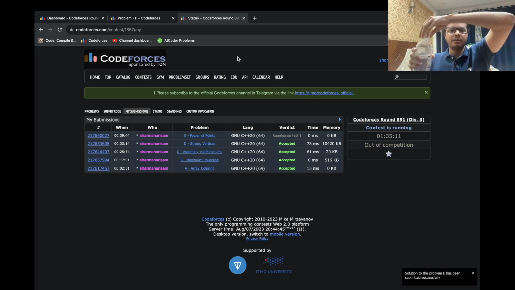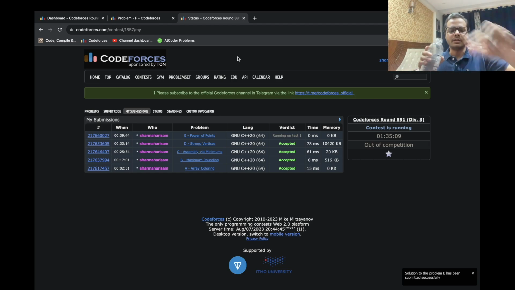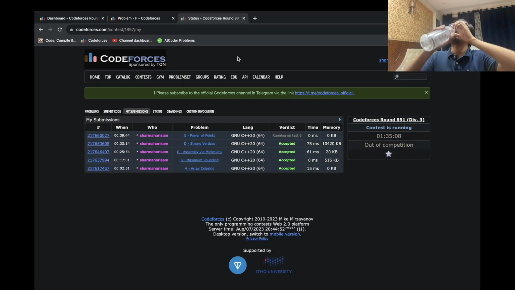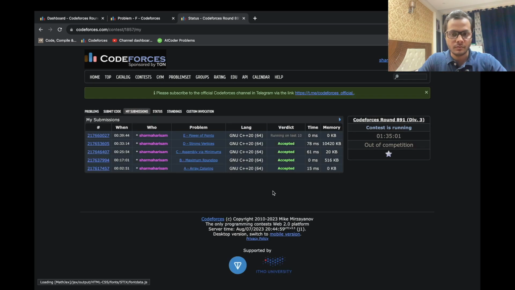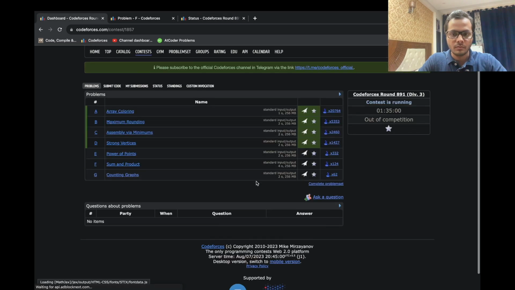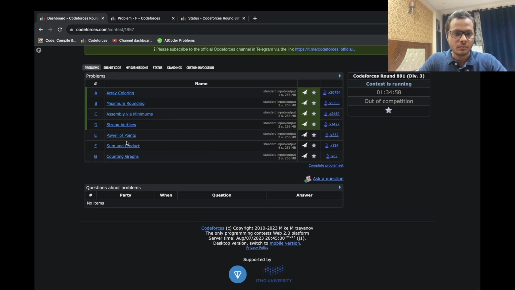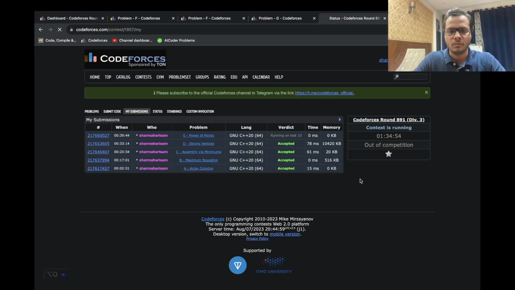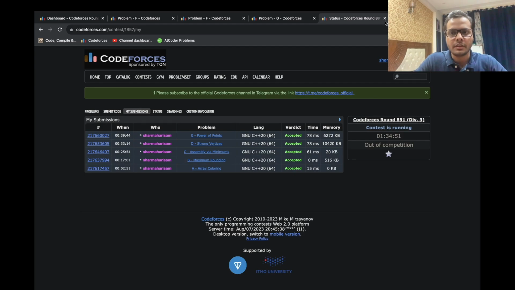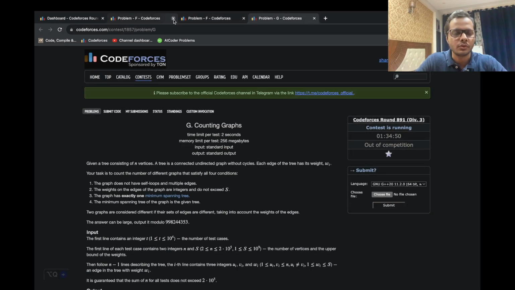Problem E I think was relatively an easier problem, if at all we get it accepted. Cool, so we're done with 5 problems. Let's move to problem F now.